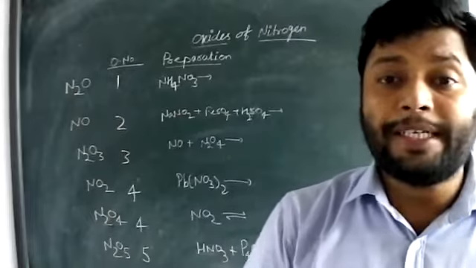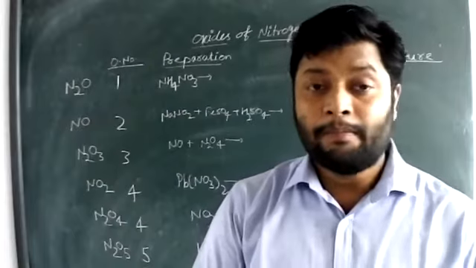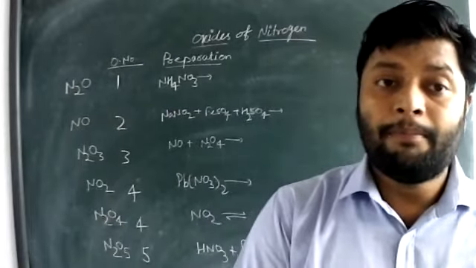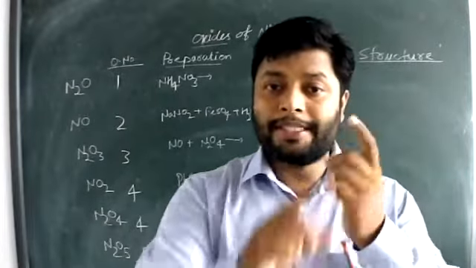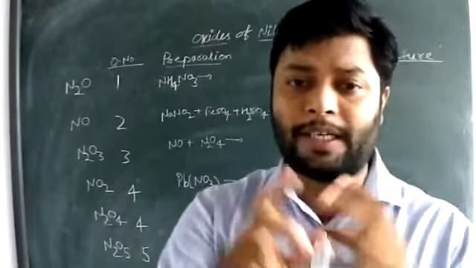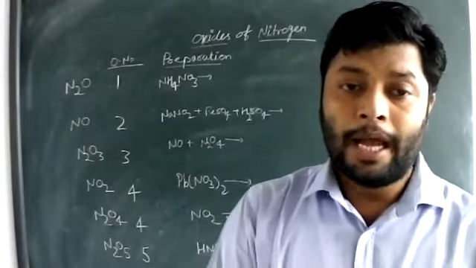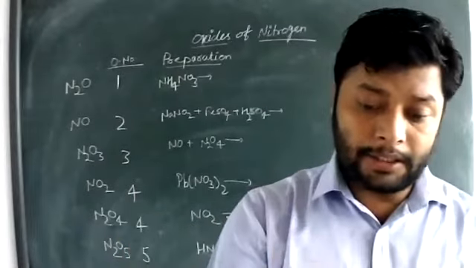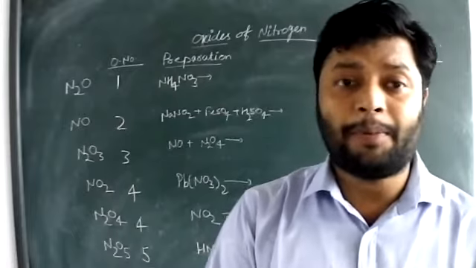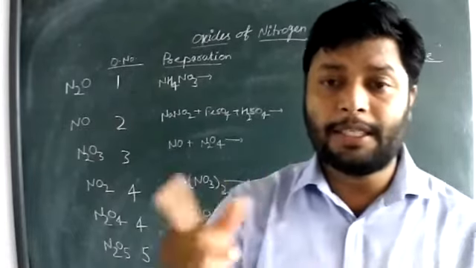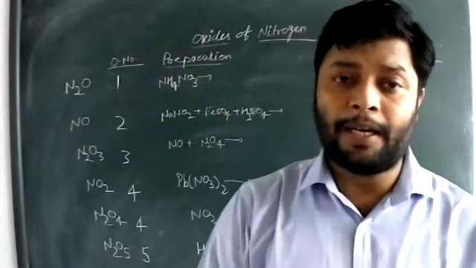You can open Table 7.3. Many times I have asked you to remember the tables and in-text questions given in the NCERT books, because all of these are really very important. When you enter the d and f block, there are some diagrams and graphs given.